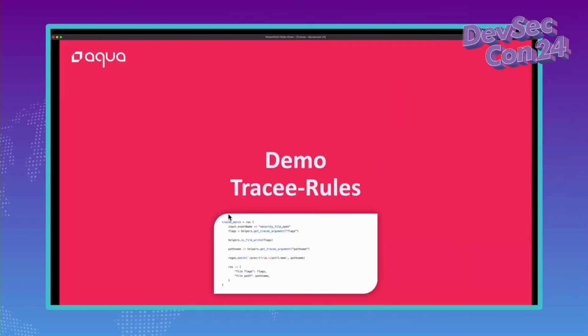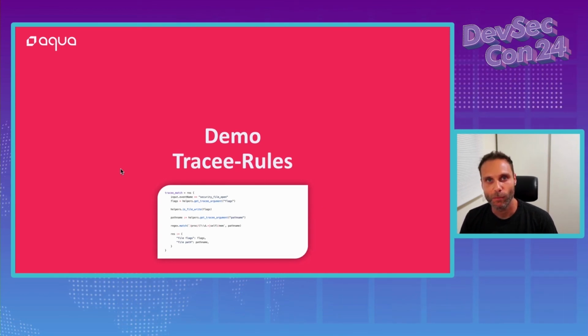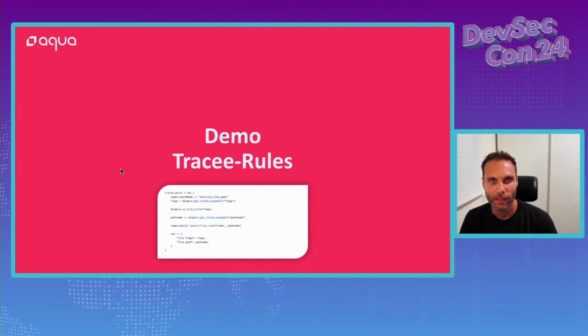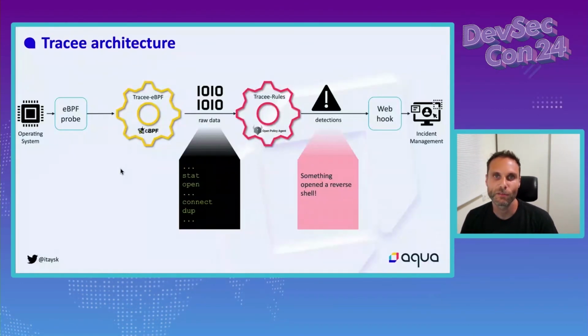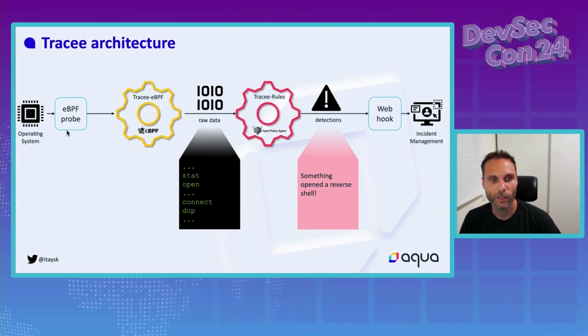Okay, moving back to the slides, we have covered the monitoring part, we have covered the detection part, and now let's zoom out and review the solution end-to-end. We have the operating system, which we now instrument using Tracee's eBPF probe.